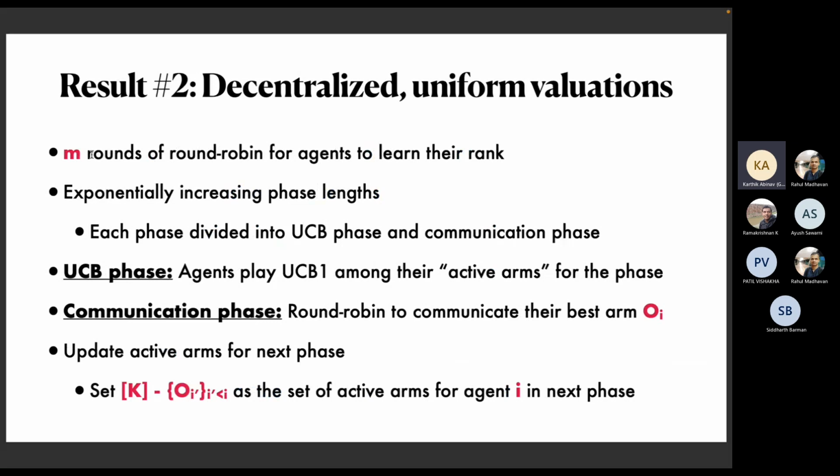So in the next phase, this agent just removes those arms, and then it plays UCB with its remaining active set of arms. So it's a fairly local algorithm. An arm removed earlier can essentially come back again in a later phase, because in the previous phase it was probably part of exploration, which is why the best arm was something else, and then that agent removed it, and so on.